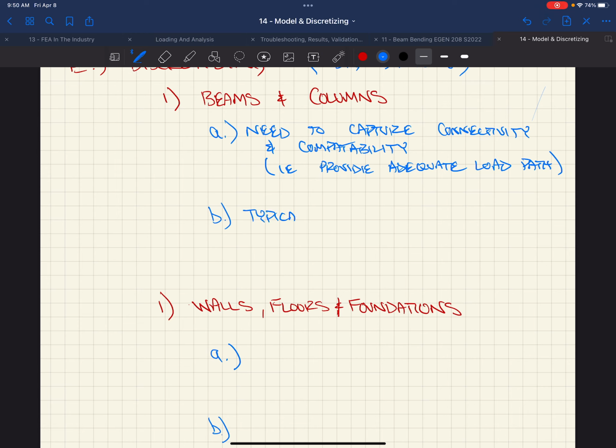Typically, I guess, applications only require one element per mathematical model member.